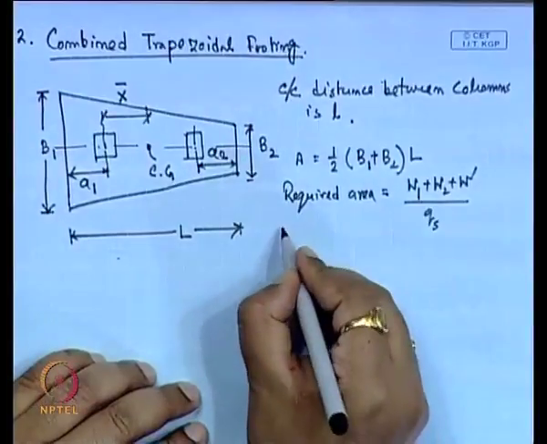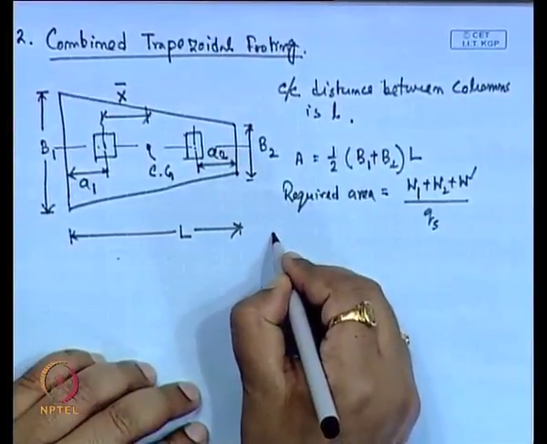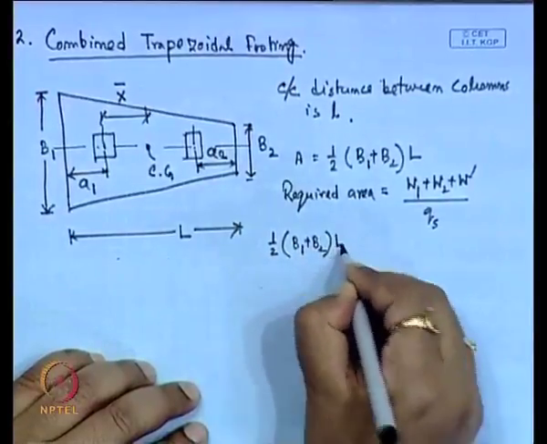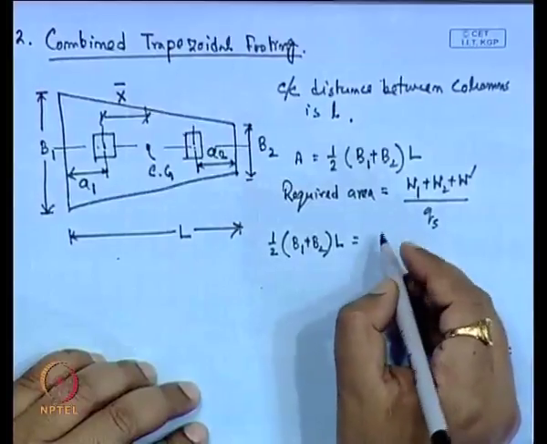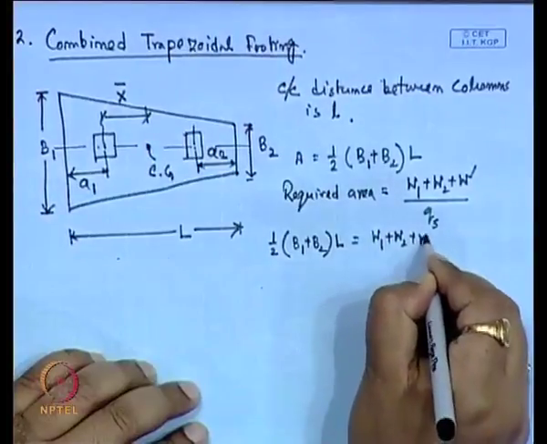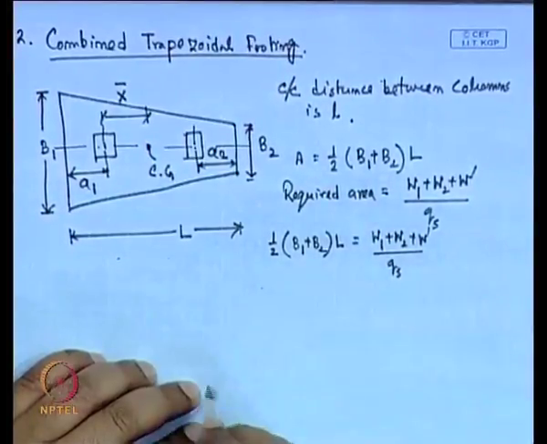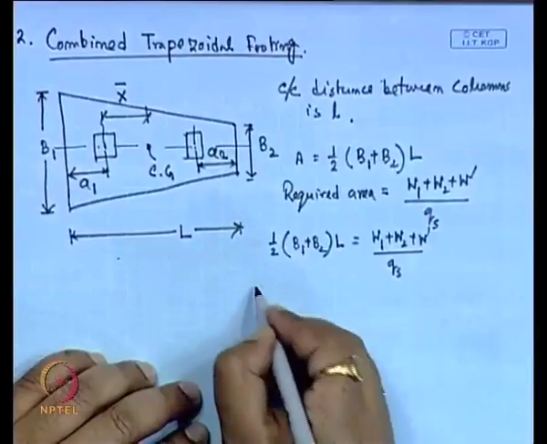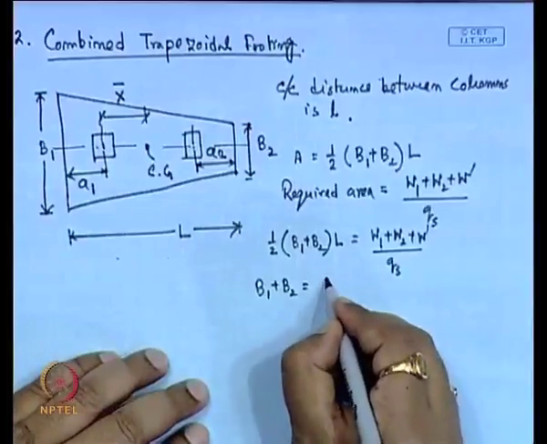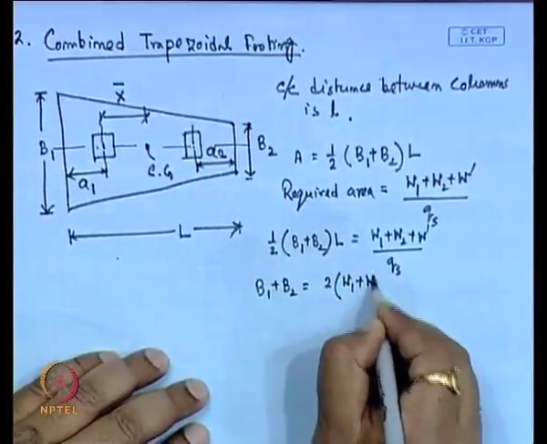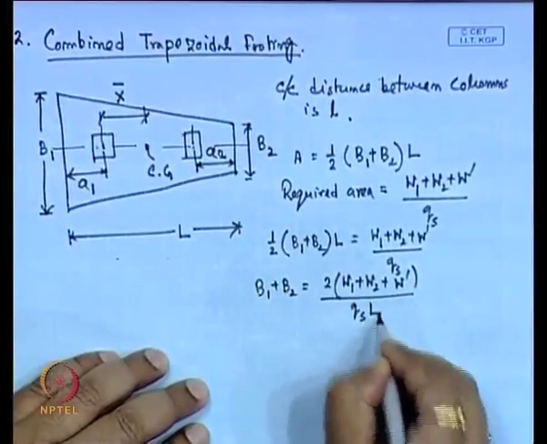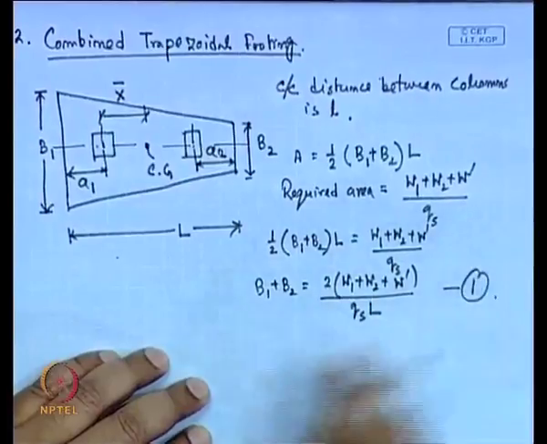So, now we can write that half of (B1 plus B2) into L is equal to (W1 plus W2 plus W dash) divided by Qs, or B1 plus B2 is equal to 2 (W1 plus W2 plus W dash) divided by Qs into L. So, this is one expression.